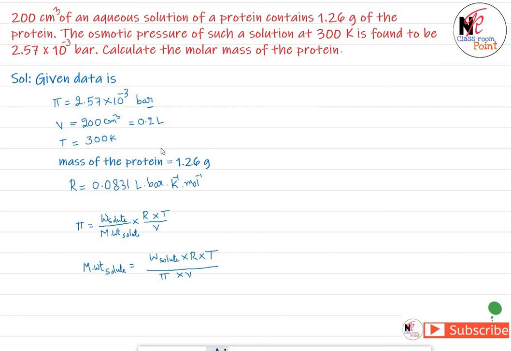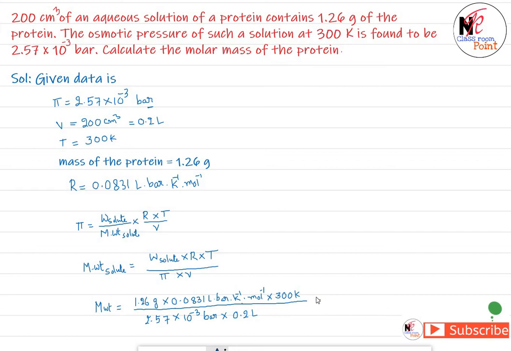Let us try to substitute the given data in this formula. Then molecular weight equals weight of the solute, 1.26 grams, into R value 0.0831 liter bar per Kelvin per mole, into temperature 300 kelvins, whole divided by pi value, osmotic pressure 2.57 × 10^-3 bar, and volume I have taken in liters, so it is 0.2 liters.